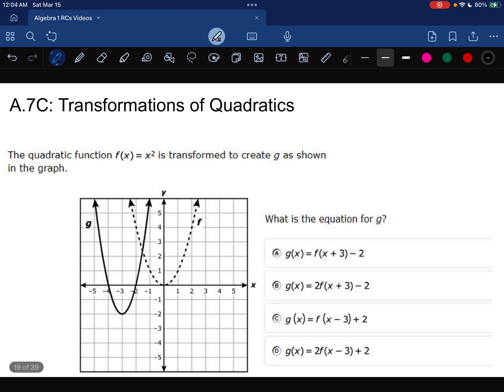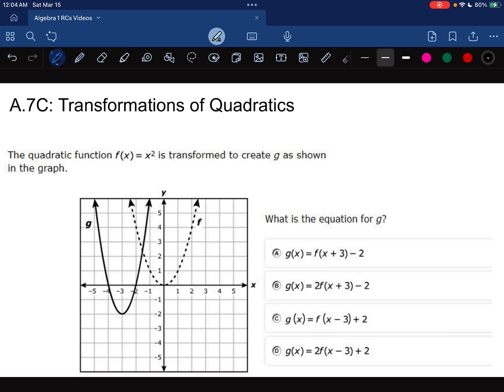Let's move over to transformations. So I'm going to have my transformation sheets out, but I'm also going to show you how to do this when you don't remember your rules. All right, it says the quadratic f of x is x squared is transformed to create g as shown in the graph.